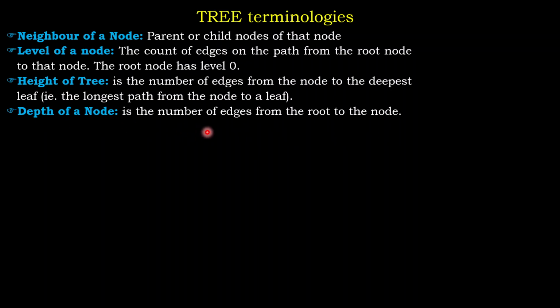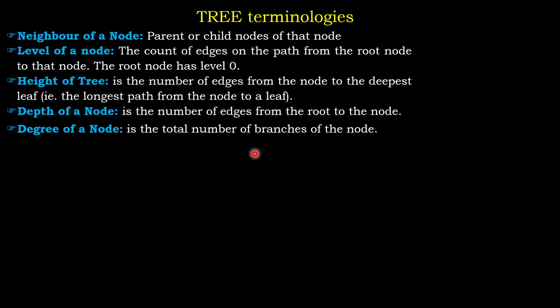Depth of node. When we talk about the depth of a node, we have to remember the number of edges from the root to that particular node. Maybe the depth of one single branch, or the depth of the whole tree. So we have to remember how many edges are included from the root to that node.